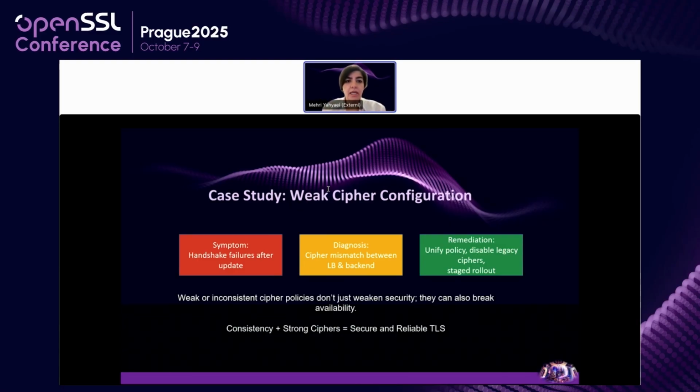The other lesson is that consistency plus strong ciphers can lead to reliability and safety. So this is an easy sample of a real case study in the network that I compacted here, and I am going to show the result of this incident in the infrastructure.